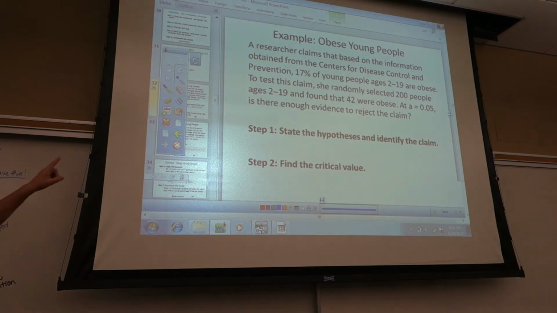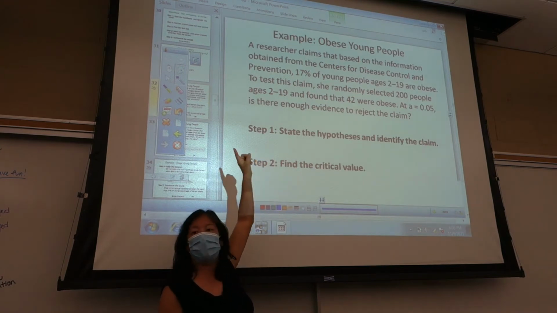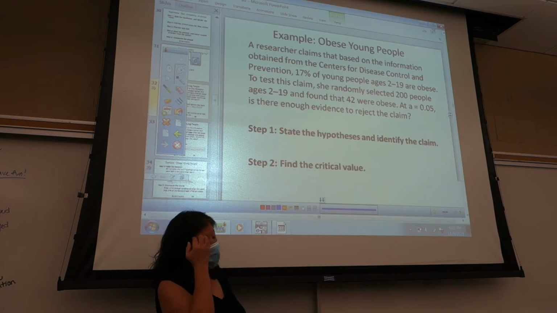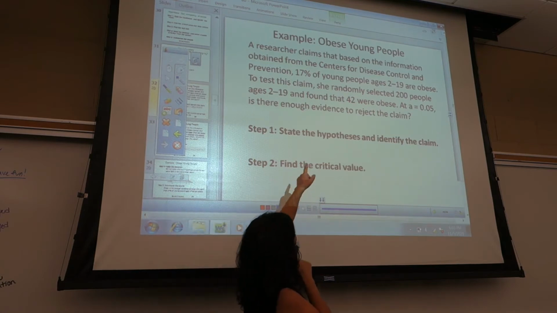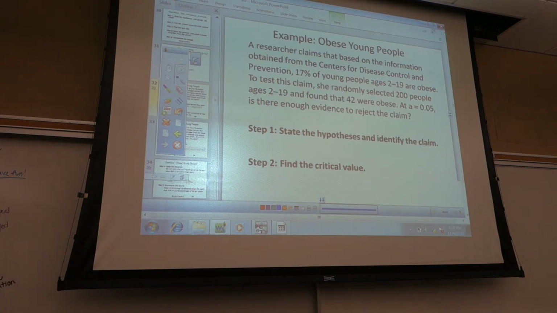So if it says estimate or find the confidence interval, it's a confidence interval problem. There is no find the confidence interval or estimate anywhere in here. Everybody see that? Yes. On top of that, they're talking about evidence and rejecting claims. So those are hints that it's a hypothesis test.